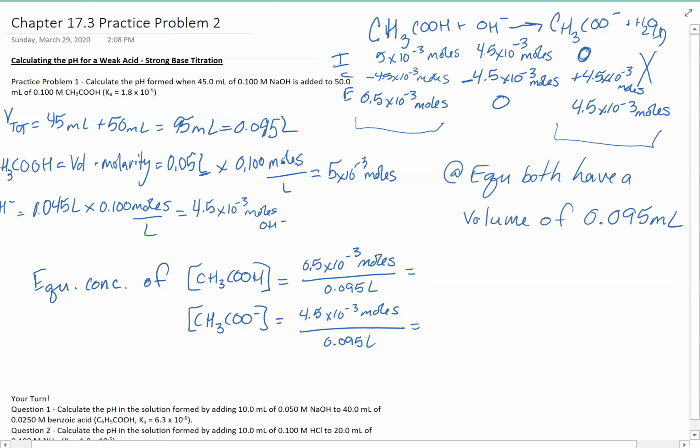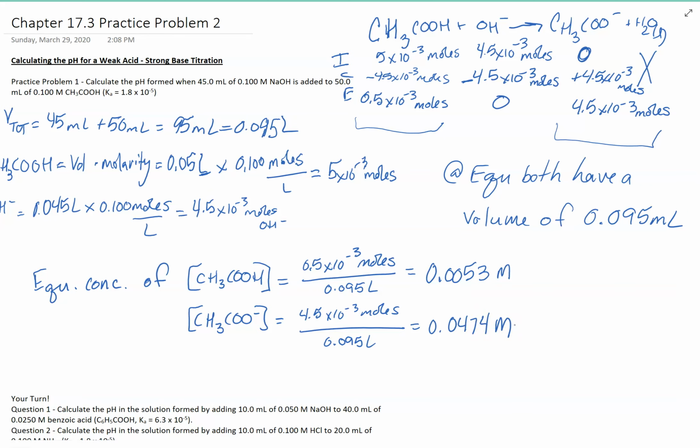When we do that, we get 0.0053 molar and 0.0474 molar. All right, next thing to do is to plug this into the Ka expression.